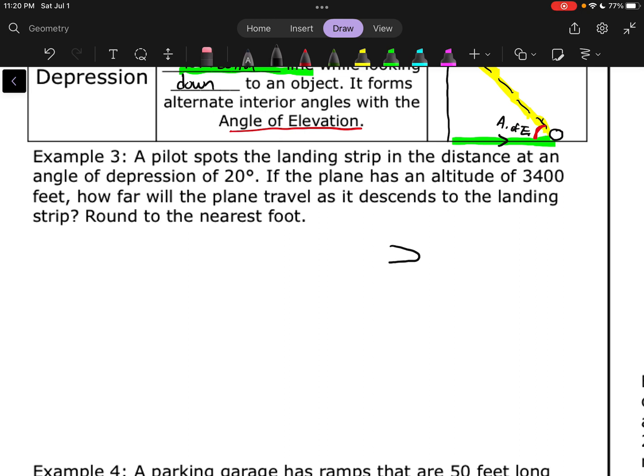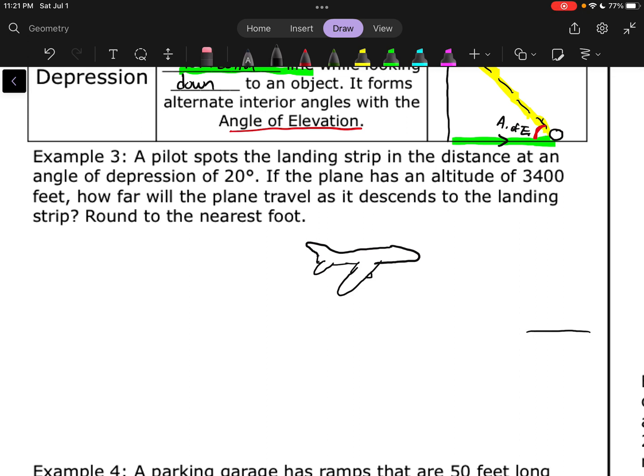We'll have this airplane, something like that maybe. Don't they have little fins back here too? And then they got their big wings. Something like that. There is my airplane. Maybe I should give it those little things. And it spots the landing strip in the distance.